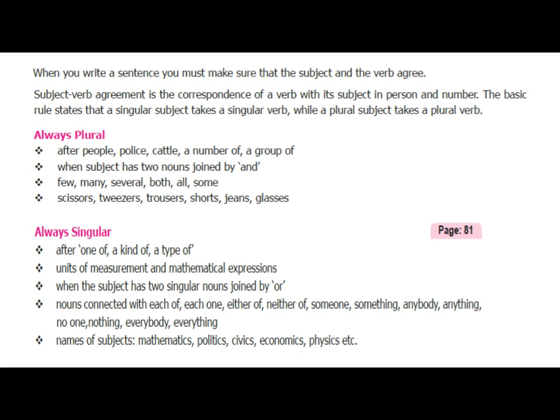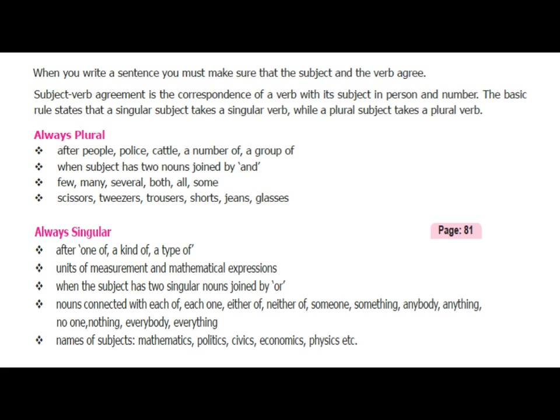We are using always plural for the words few, many, several, both, all, some. And then we are always using plural for some terms: scissors, tweezers, trousers, shorts, jeans, glasses.